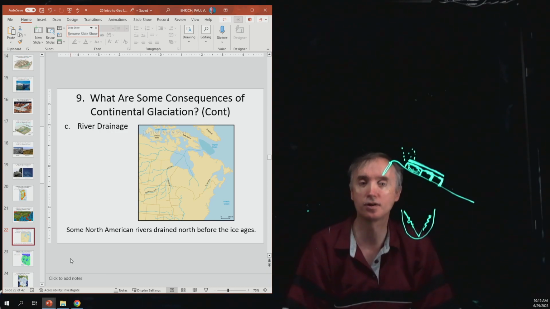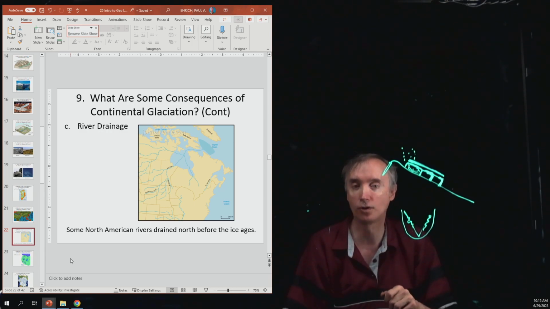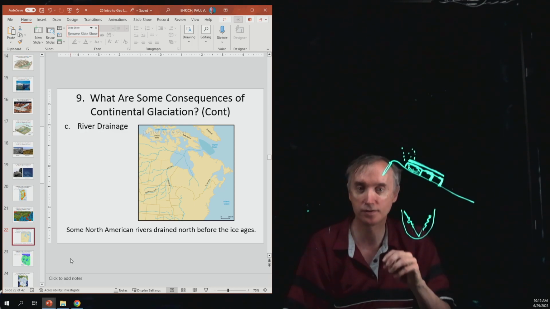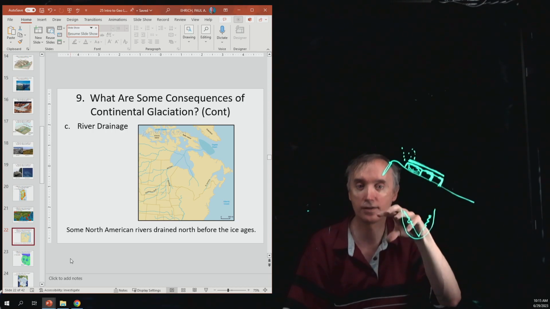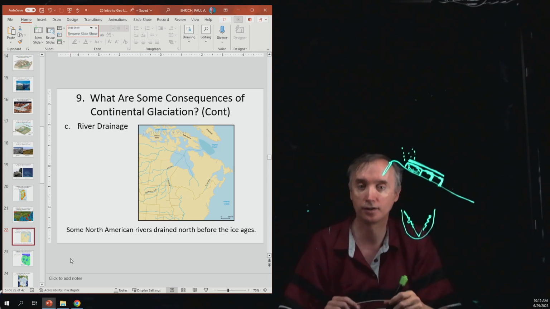Ice can also change the direction of rivers. This shows the river drainage pattern before the ice ages in North America, and you notice that some of the river systems actually flowed north. Today, some of those river systems flow south as a result of glaciation.